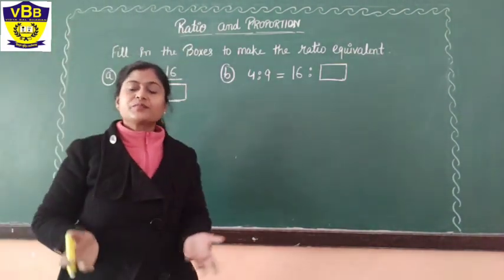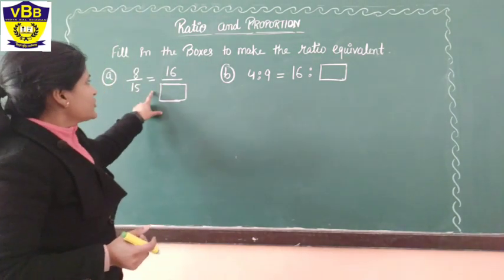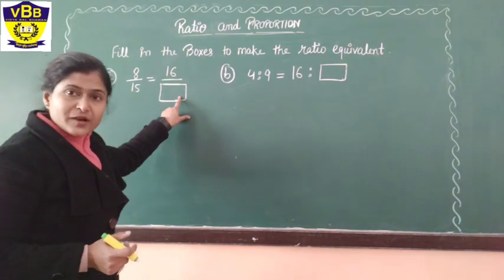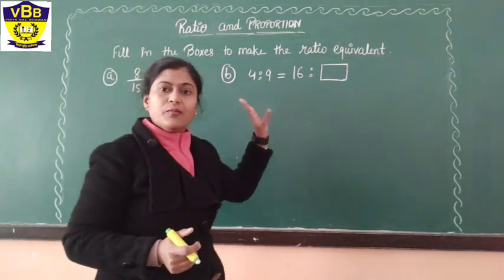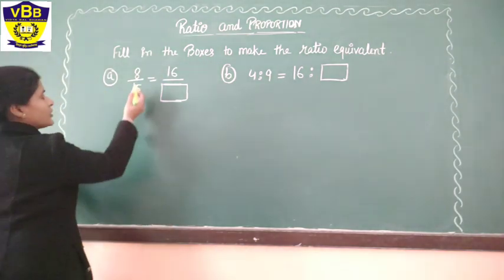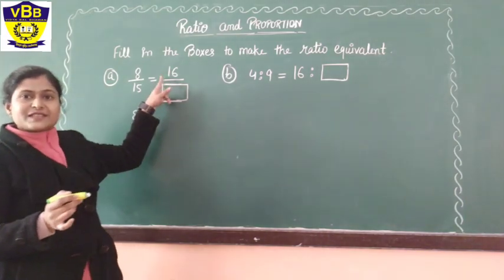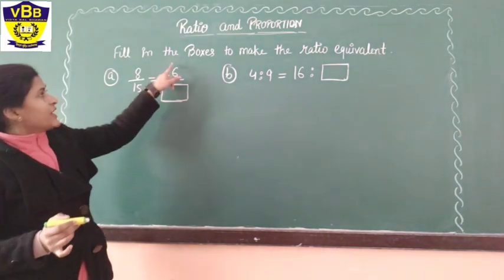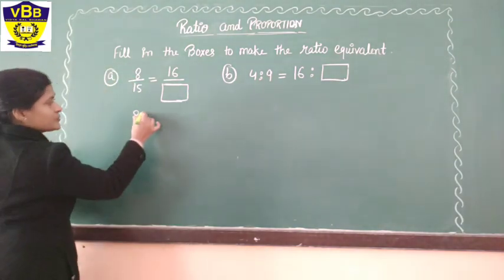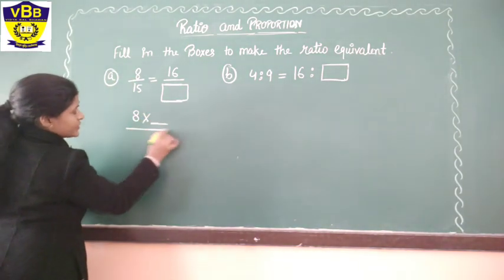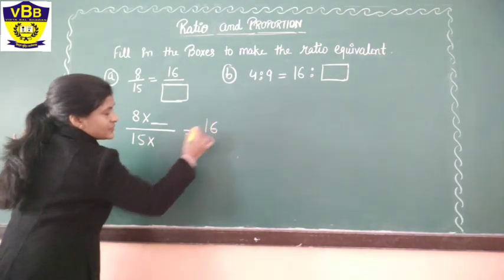To understand proportion, we are taking two examples. In part A, we need to find what should become the denominator, and here also we need to fill the box. Now it is 8 by 15 is equal to 16 by what number, so that they become equivalent ratios. 8 should be multiplied by what number to get 16?